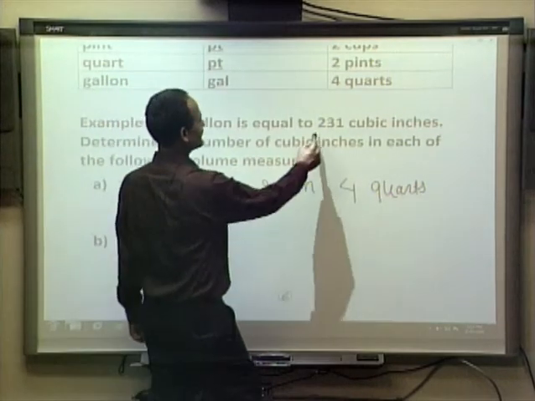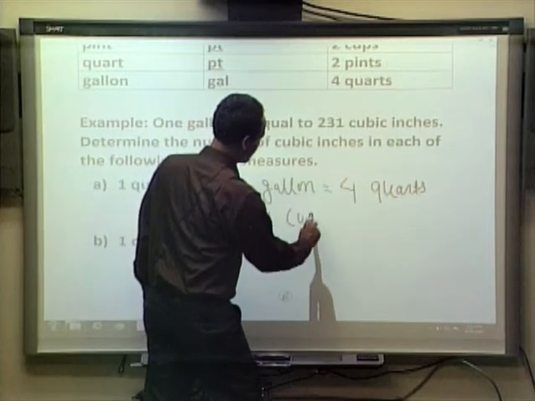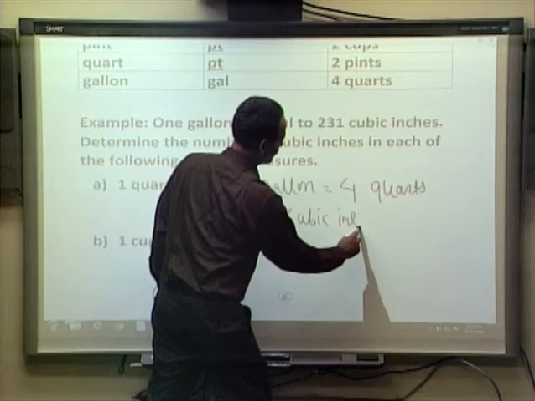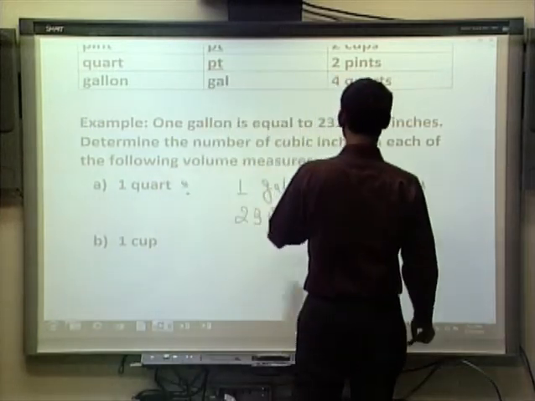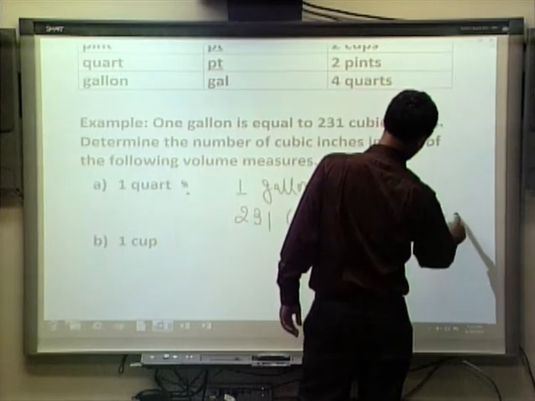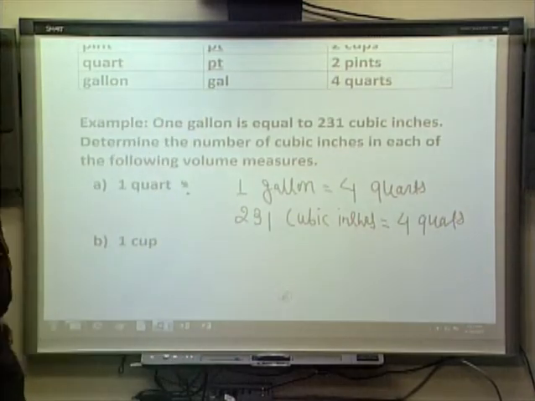1 gallon is the same as 231 cubic inches. So, we can say 231 cubic inches is 4 quarts. Now, the question is to determine the number of cubic inches.